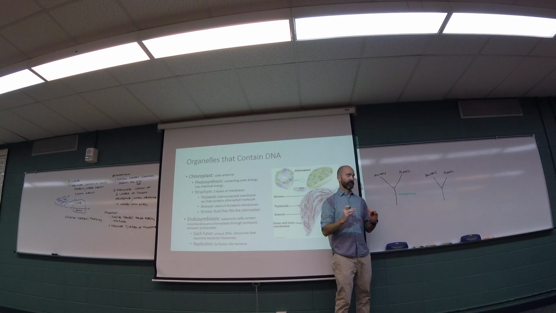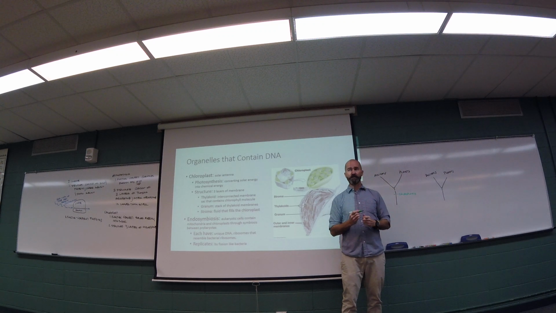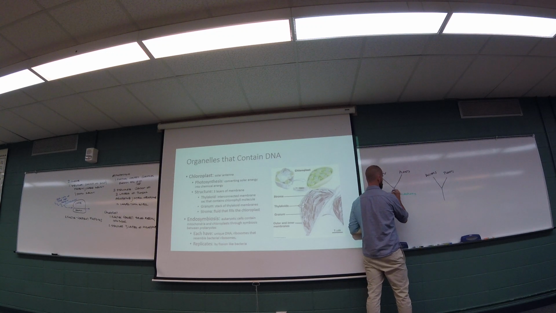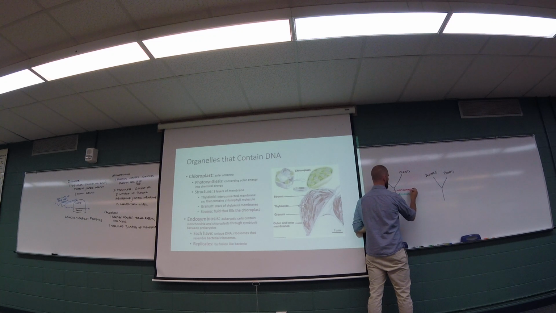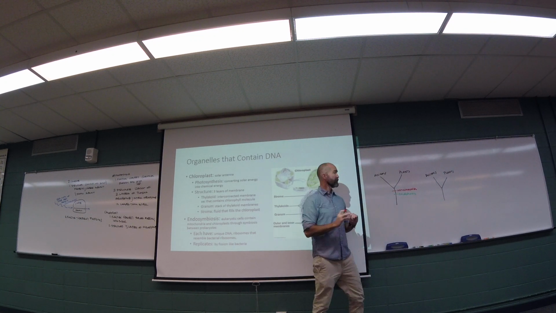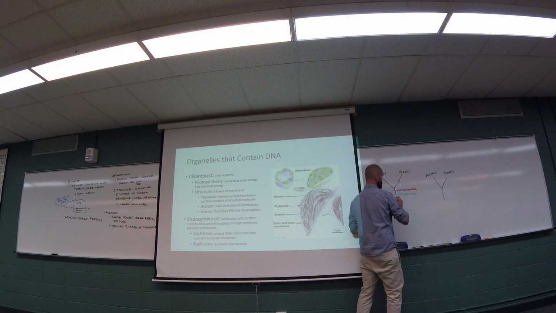Additionally, we need to have the evolution of mitochondria. And maybe that came subsequent to the chloroplasts, right? What that does is it really explains nicely how it is that plants have both the mitochondria and the chloroplasts, right?